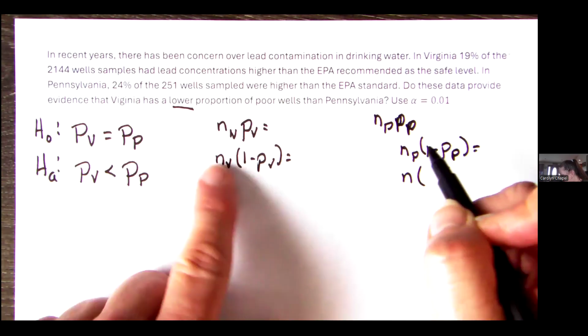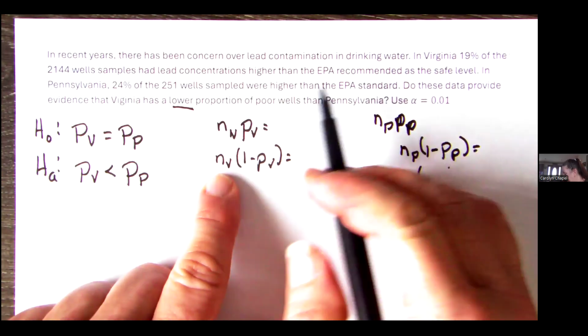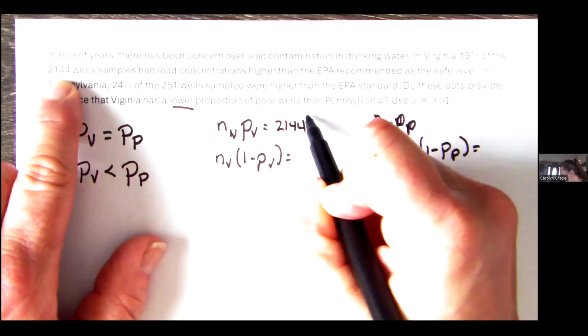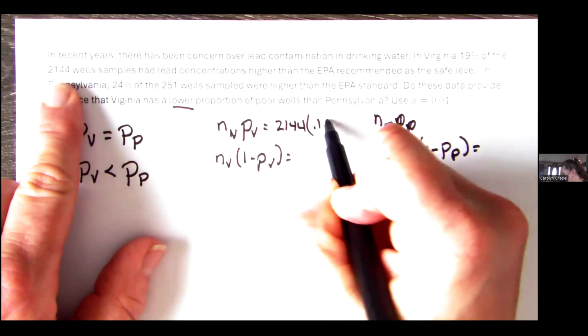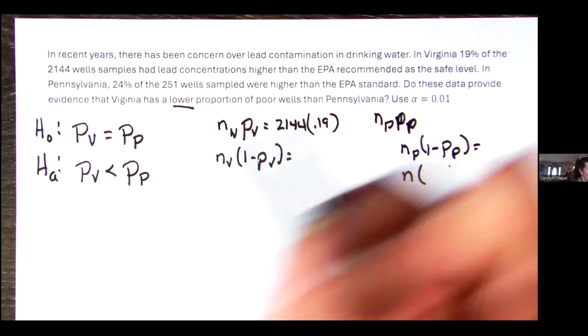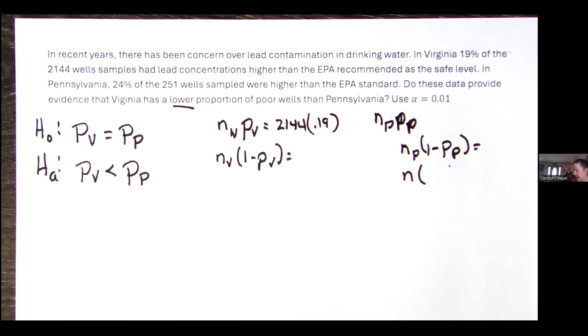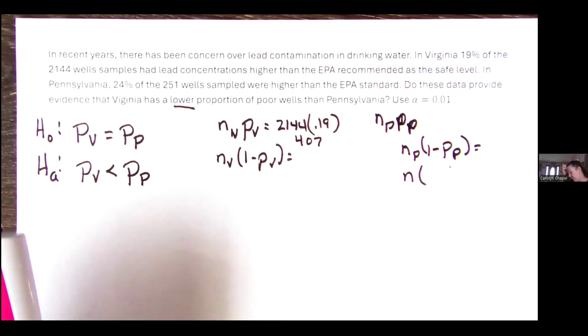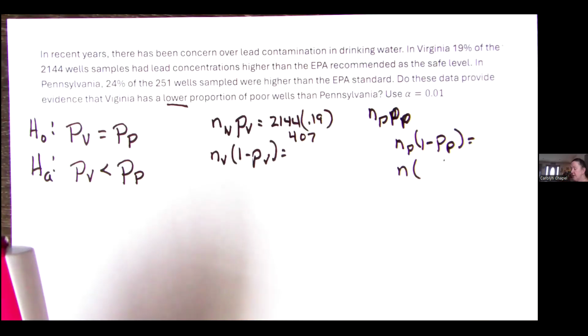Well, in Virginia, we had 2144 wells, and 19% of them were poor. So I'm going to drag out my calculator, calculate that value. So that's not one I can do in my head. And we get 407.36. I'm just going to say 407 because they rounded.